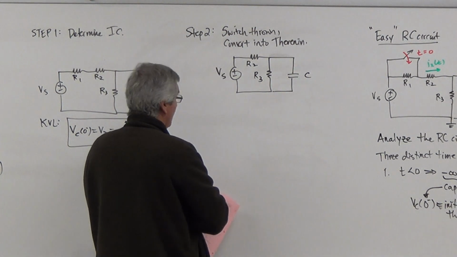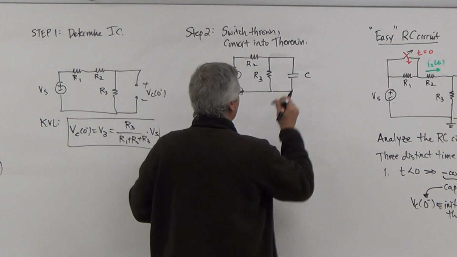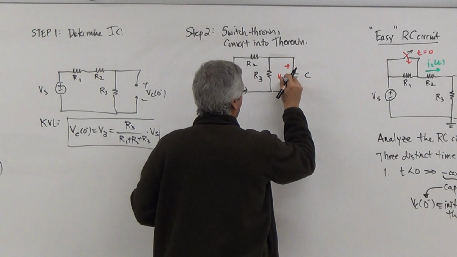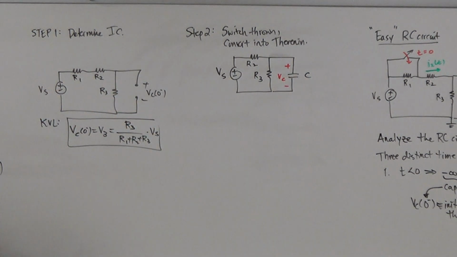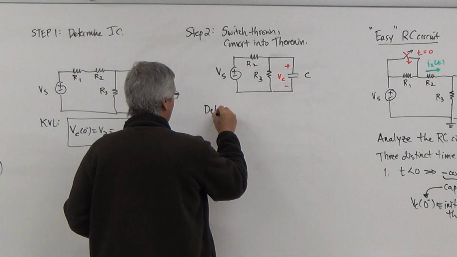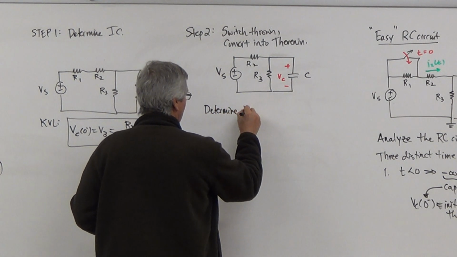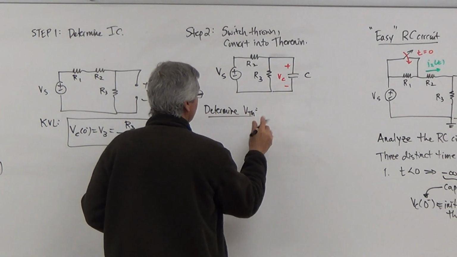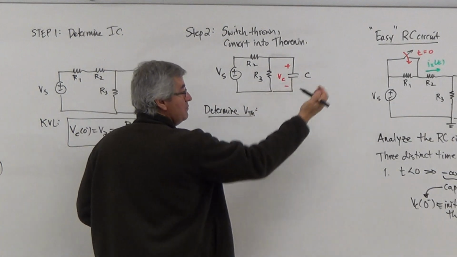Okay, and I'm after this guy right here now. So what am I going to do? I'm going to remove the load. Okay, so I'm going to determine VTH. So if I determine VTH, I'm going to remove the load.